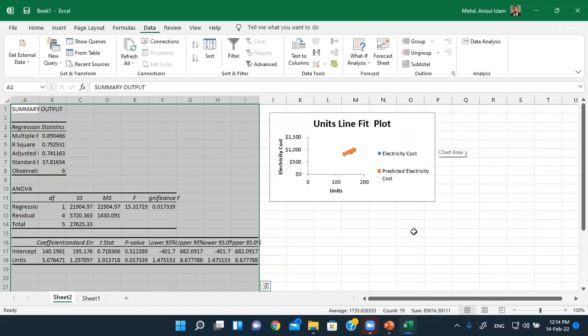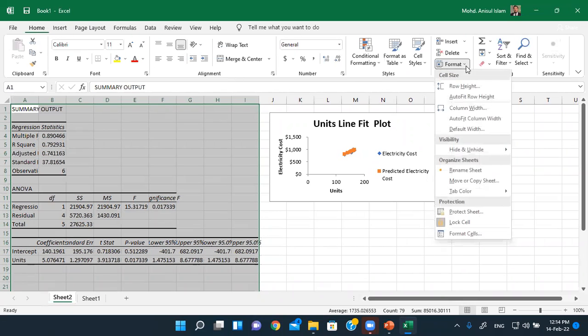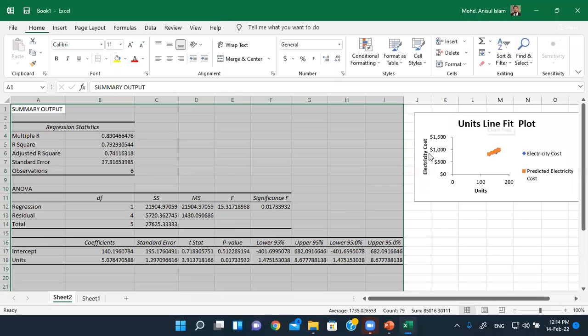Let's see if it is possible. Okay, let's find out. This is our regression output. So what I'm doing, I'm changing it to auto fit. And what I'm getting here, okay, what is our requirement?